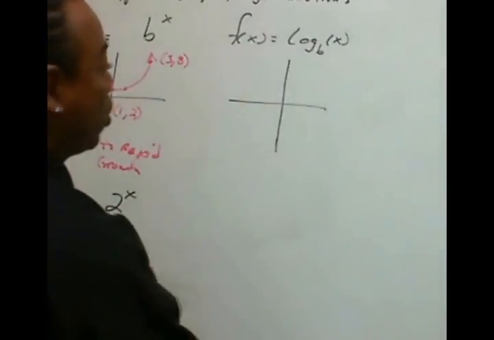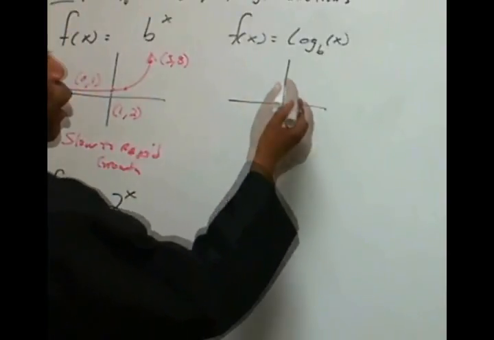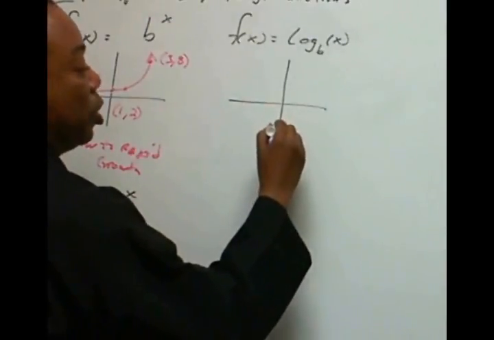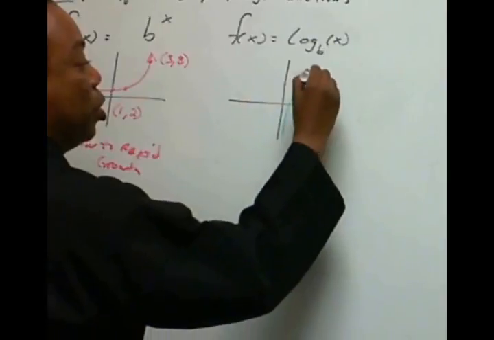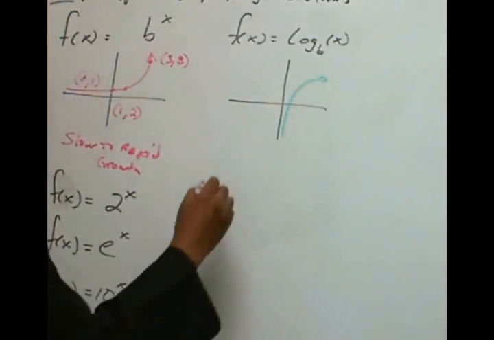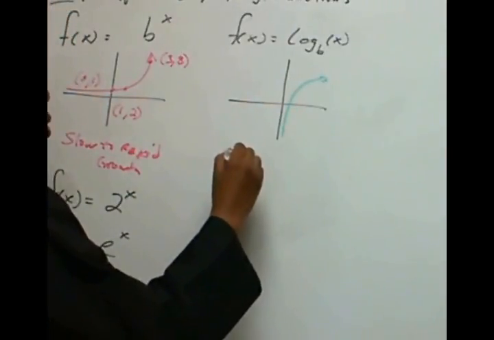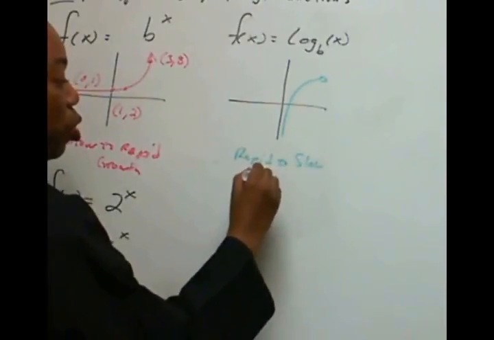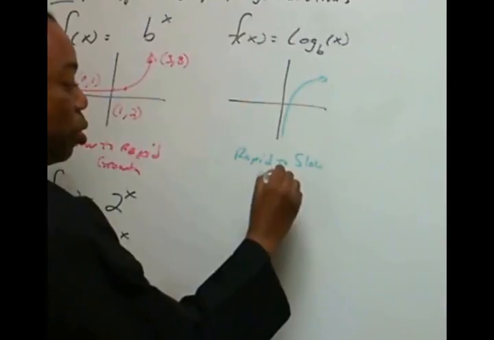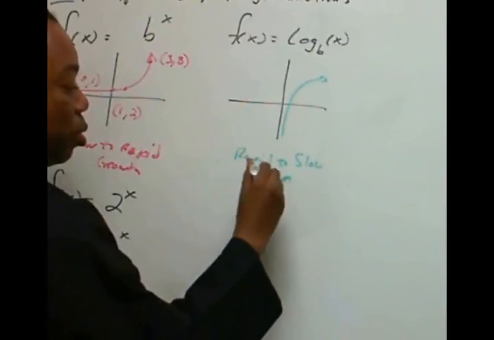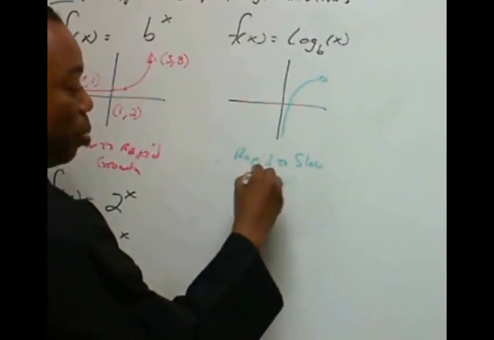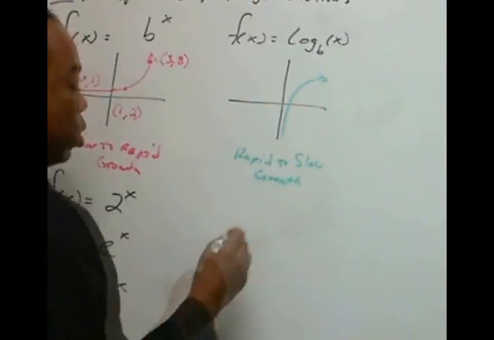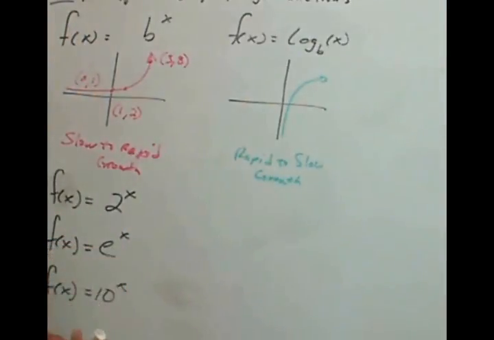And the graph will look like this. The graph of a basic logarithmic function is rapid to slow growth. It reverses all the original exponentials.